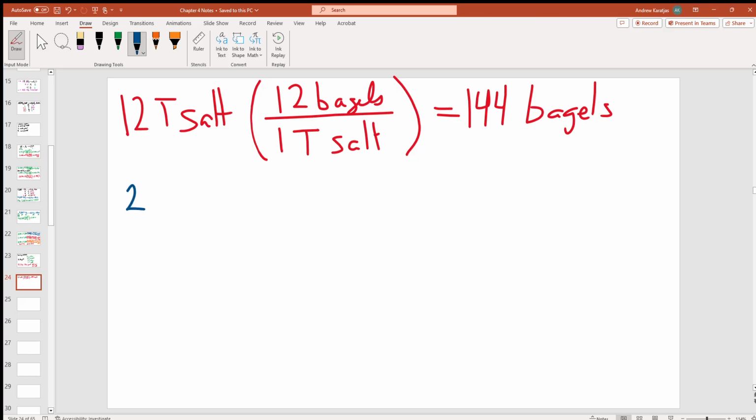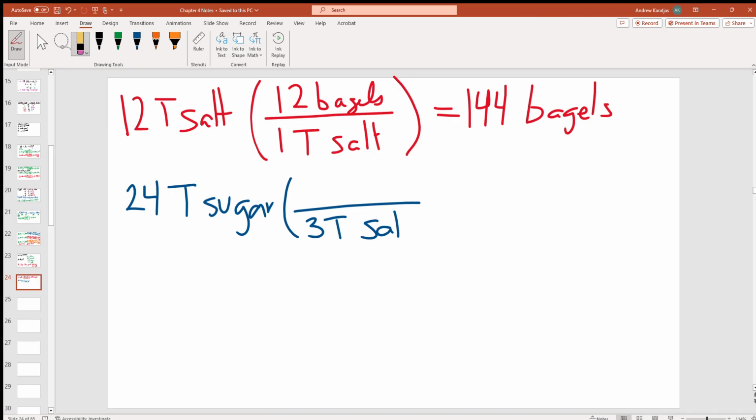We also said we have 24 tablespoons of sugar. So we have more sugar available than salt. But we also need more sugar because we need 3 tablespoons.